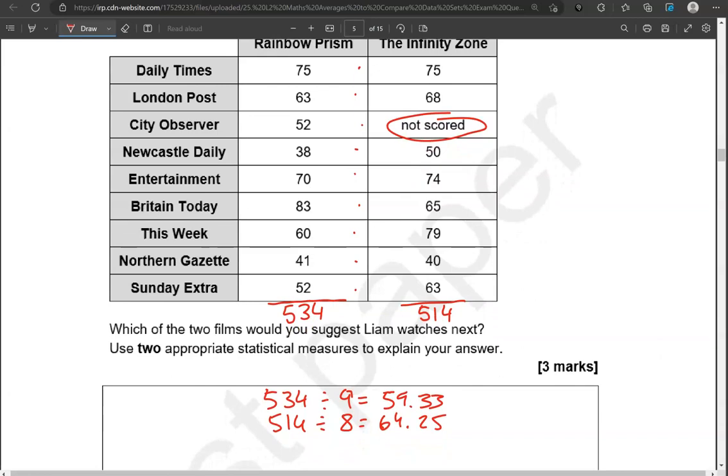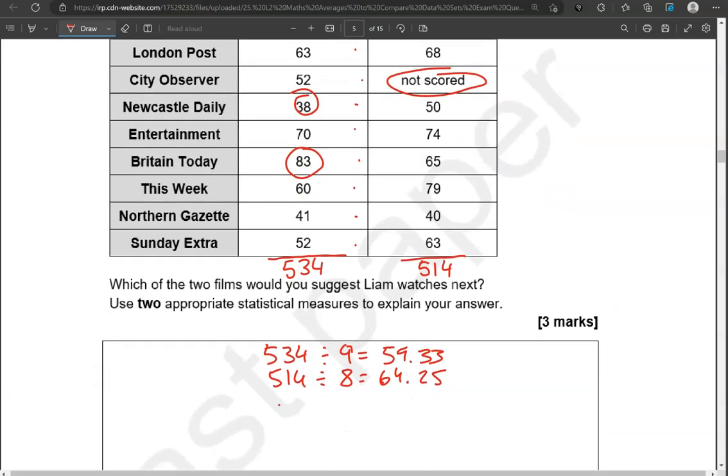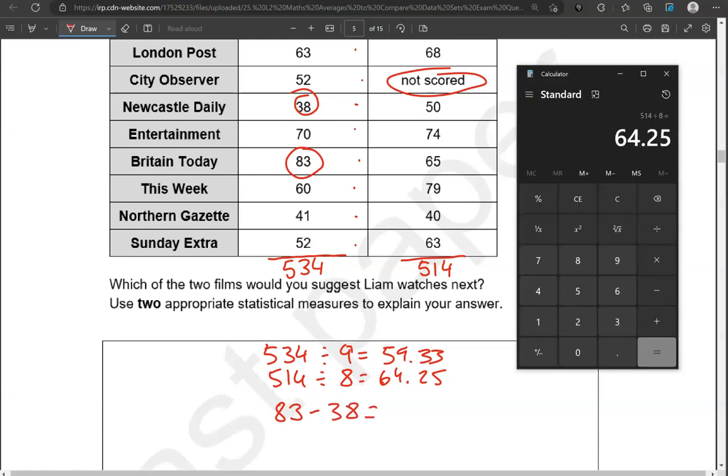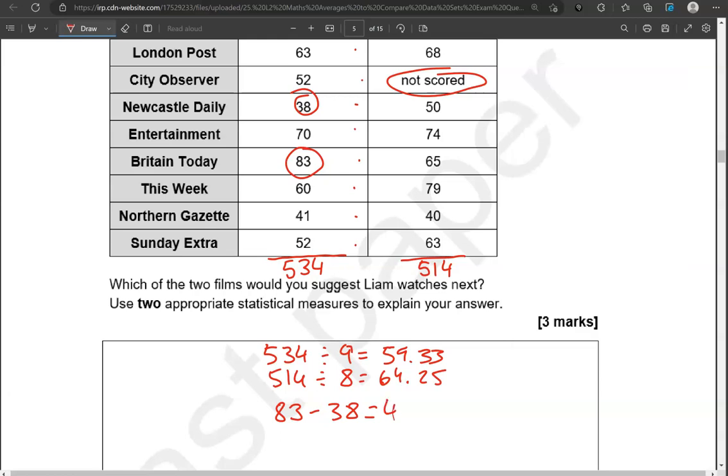Let's work out the range. So what's the highest score for Rainbow Prism? That is 83, and the lowest score is 38. So we'll do 83 take away 38, which is 45.